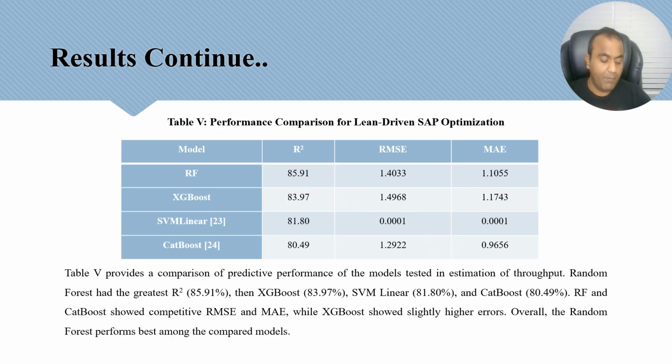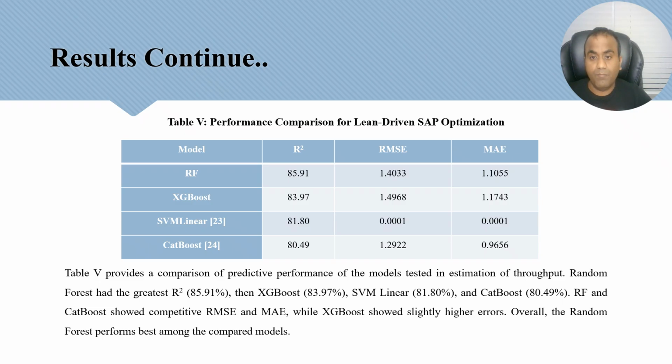Performance comparison for the lean-driven SAP optimization models: the main two are random forest and XGBoost. As I said, we have SVM linear as well and CatBoost. Random forest has the highest performance with an R square of 85.91, whereas XGBoost has 83.97.